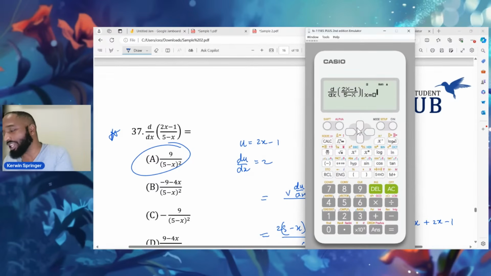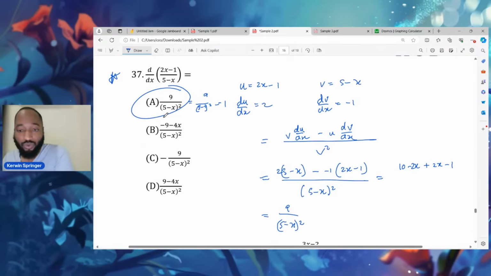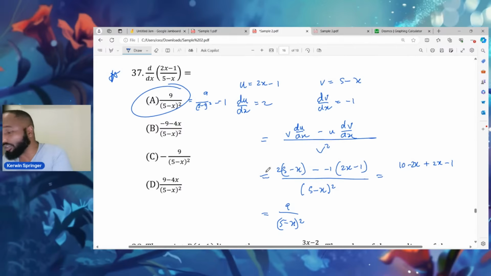Let x be like 2. So you get 1. So now you want to substitute 2 into this and make sure you get 1. So you get 9. 5 minus 2 squared is indeed 9, 9 over 9 is 1. So it works out. So you know that way you're sure now. And in case you made a mistake with the sign, you'll be like, oh shucks, it isn't working out. So you know to go back and check, and you might realize you left out a negative sign or some kind of thing.